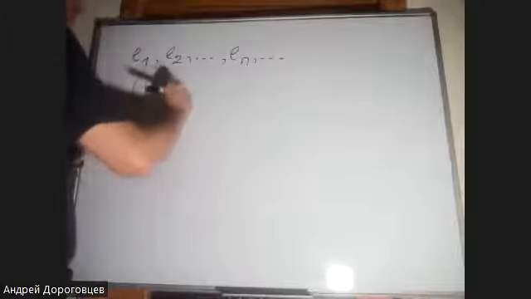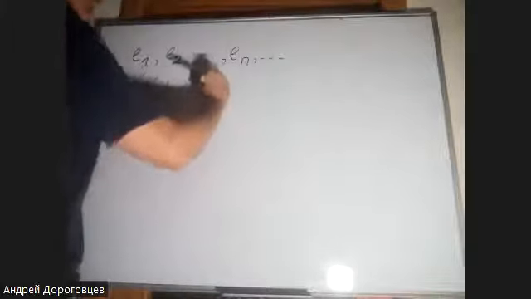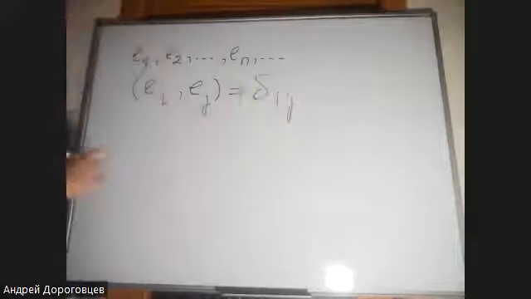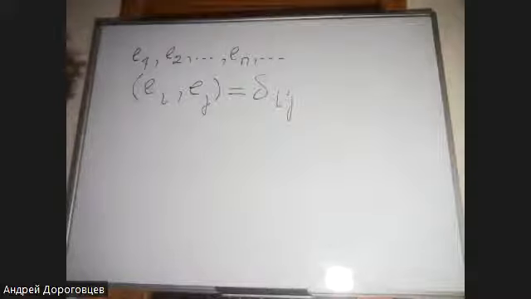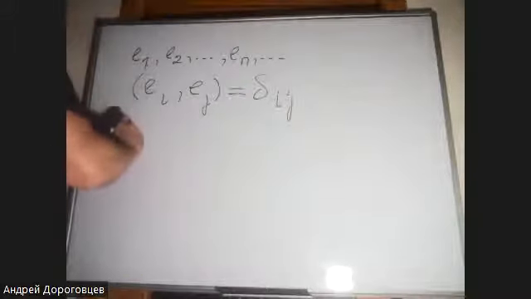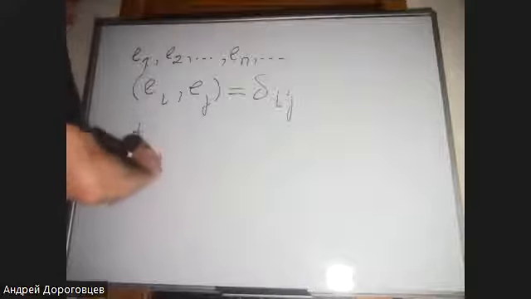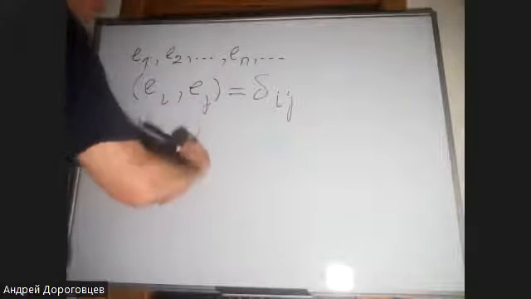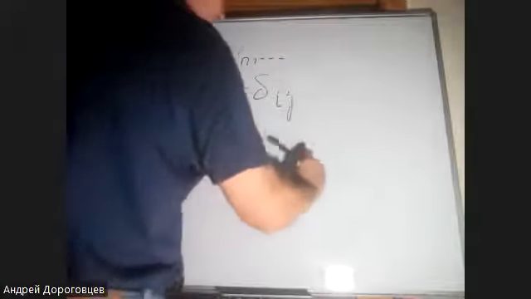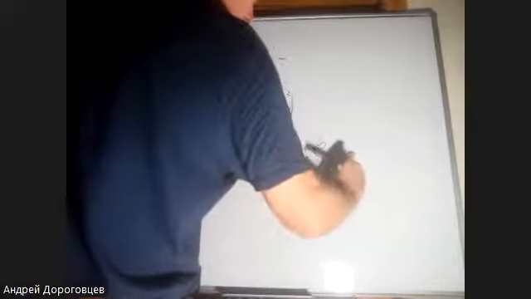The inner product of E_i and E_j is equal to the Kronecker symbol delta_ij, and we understand that every L_n is just a linear span of some E_1, ..., E_k, depending on n.